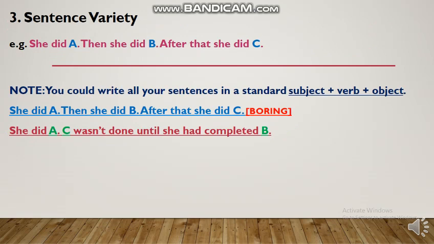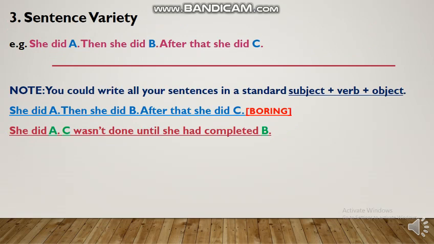So consider the example: she did A, then she did B, after that she did C. Note, you could write all your sentences in a standard subject-verb-object. What's the problem with this sentence? No problem at all. It's grammatically okay.